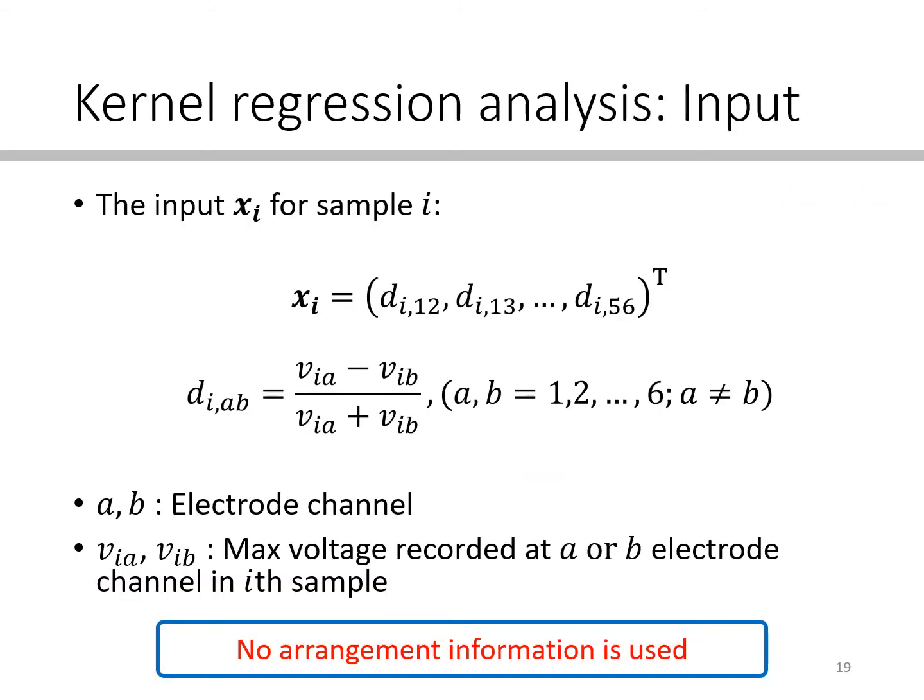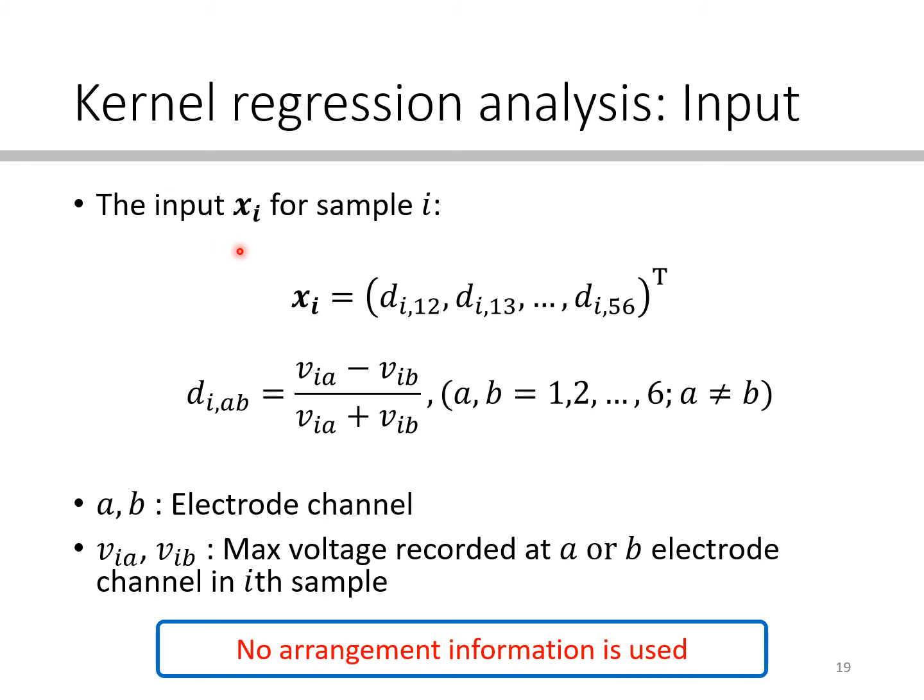Now, I'm going to introduce the method for localization. This page shows the formula processing the voltage data into inputs of the kernel regression model. Input for kernel regression is a vector of 15 elements.